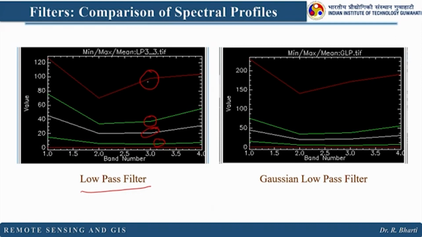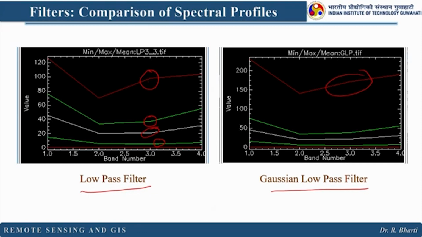But when we apply the Gaussian low pass filter, it has disappeared. Why did it happen? Because my image did not have a Gaussian distribution of low frequency DN values. So you have to be very careful when selecting a Gaussian low pass filter for your image.